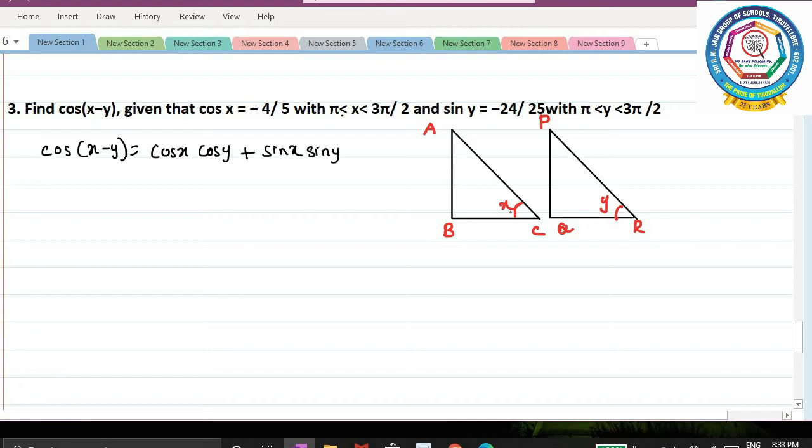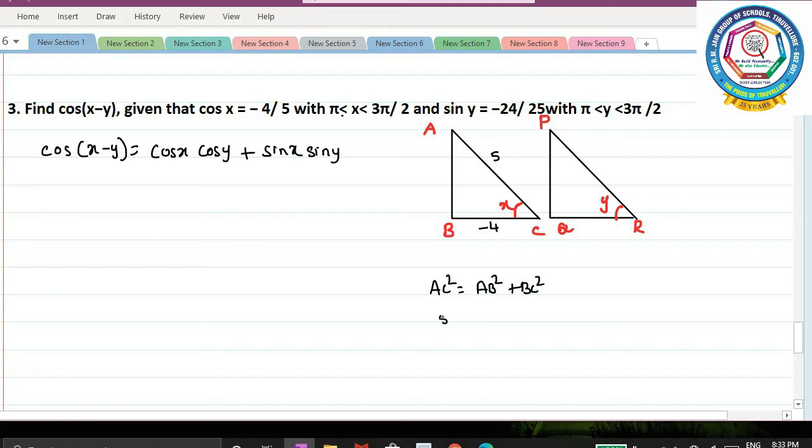Suppose theta lies here, that is x lies here. What is cos theta? Adjacent side by hypotenuse. The adjacent side is minus 4, hypotenuse 5. We have to find the opposite side. What is the Pythagoras theorem? AC square equals AB square plus BC square.